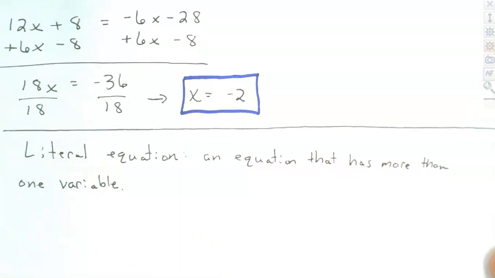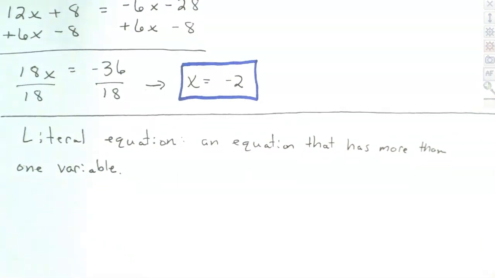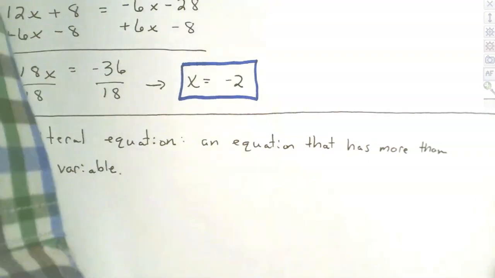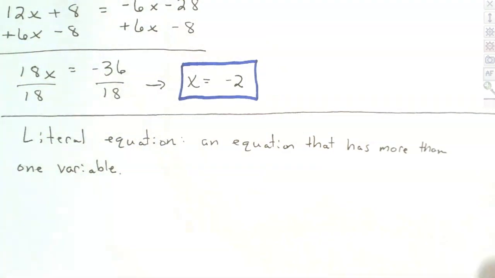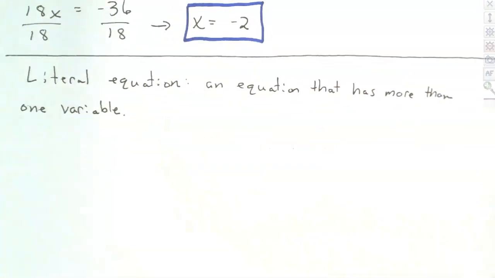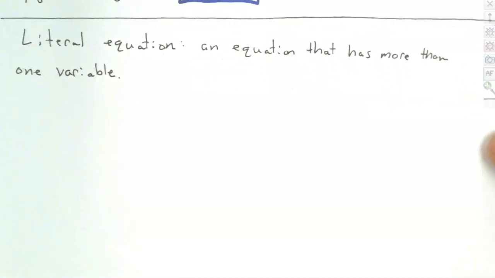So on literal equations, you're going to be having more than one variable. Now, I'm going to specifically tell you which variable I want you to solve for. So let's do 2 of these, and then we'll take a short break. Literal equations in this section are not that difficult to work with, but I have to tell you specifically which variable I want you to solve for.